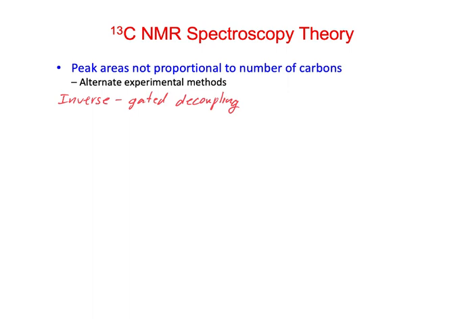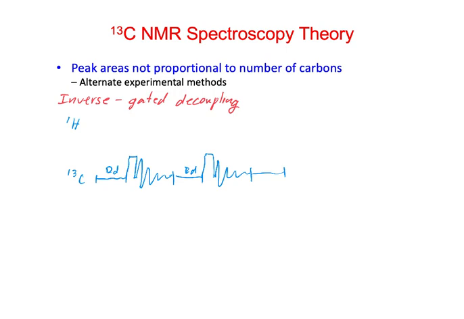Okay, and in each of these cases, the C13 channel is essentially just what we did before. We have our relaxation delay, we have our pulse, and then we have acquisition. Relaxation delay, pulse, and then acquisition like this. So we just continue on this way. The proton channel is where the difference comes in.